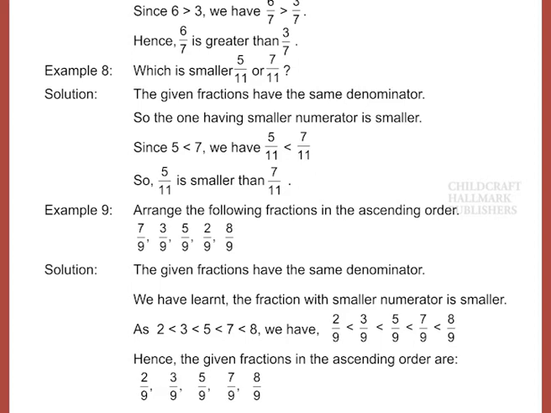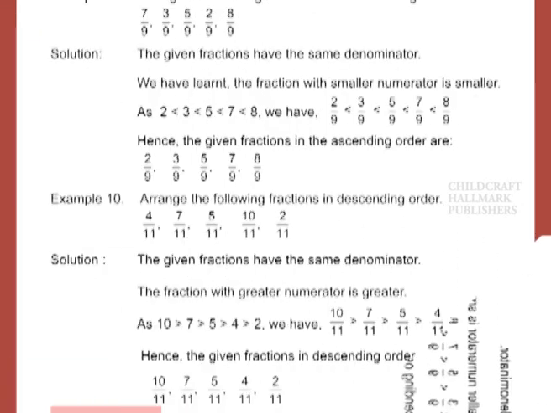As 2 is less than 3, is less than 5, is less than 7, and is less than 8, we have 2 by 9 is less than 3 by 9 is less than 5 by 9 is less than 7 by 9 is less than 8 by 9. Hence, the given fractions in the ascending order are 2 by 9, 3 by 9, 5 by 9, 7 by 9, 8 by 9.